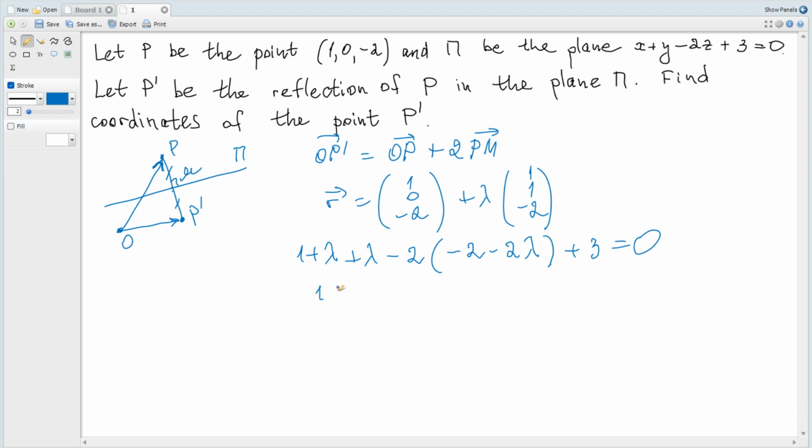It becomes 1 plus 2 times lambda plus 4 lambda plus 3 is 0. 6 lambda is negative 8, so lambda is negative 4 over 3.